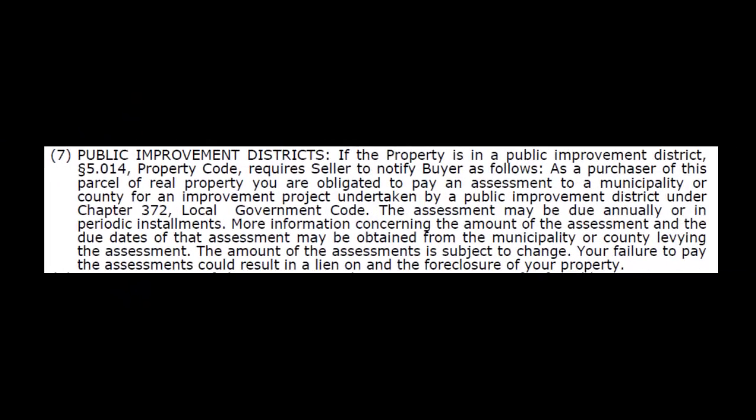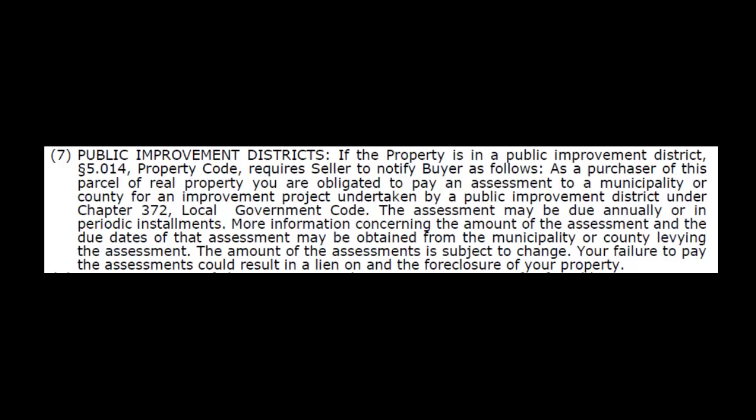Number 7 is a public improvement district. I'm actually currently sitting adjacent to a public improvement district in the North Fort Worth area. There's a subdivision called the Heritage Subdivision that is a public improvement district. This is basically an area that is offered additional services by the city, and so the city actually maintains certain common areas like parks and that sort of thing, and provides extra services to the community, so they're charged a little bit of an extra tax.